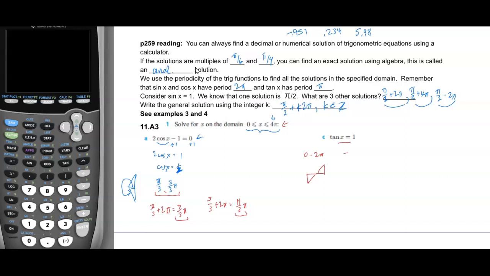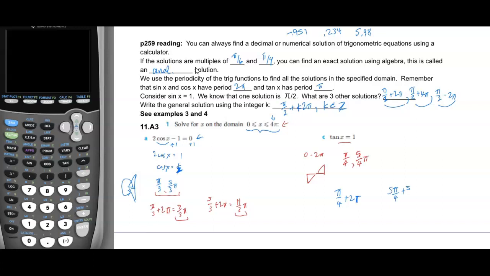So in radians, that would be pi over 4 and 5/4 pi. And then, of course, there are two more solutions between 2 pi and 4 pi. All we need to do is add 2 pi to each one, and that will generate two more solutions.